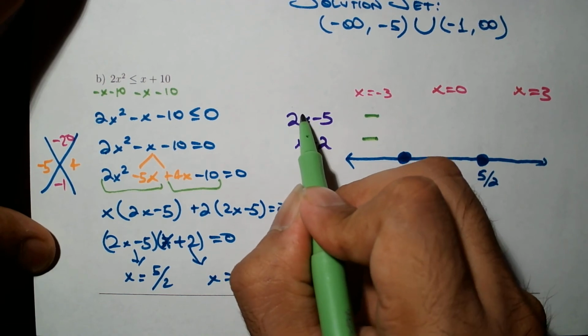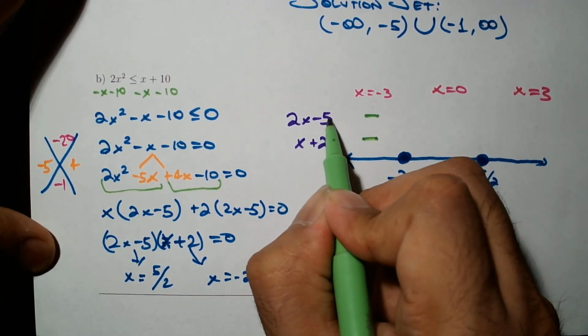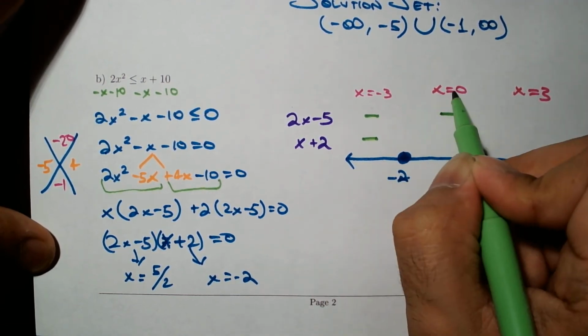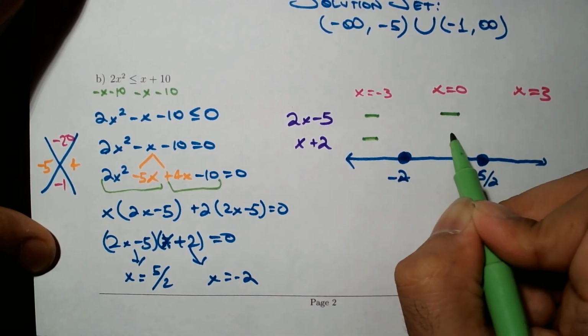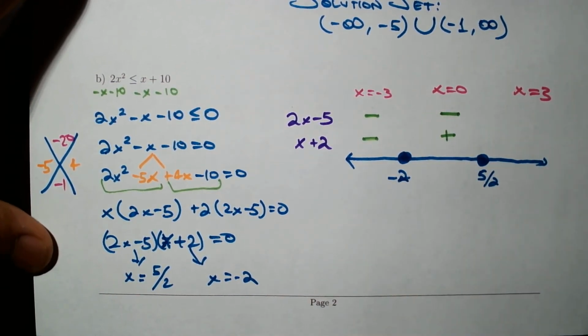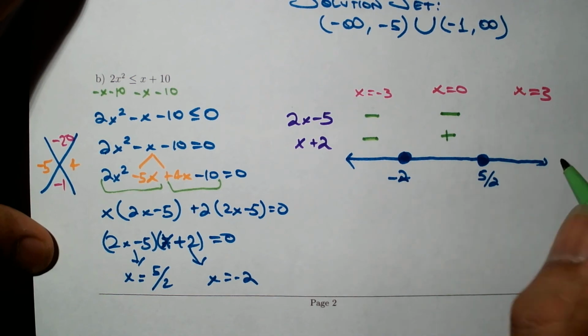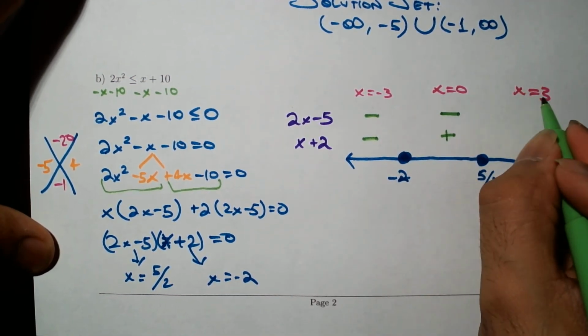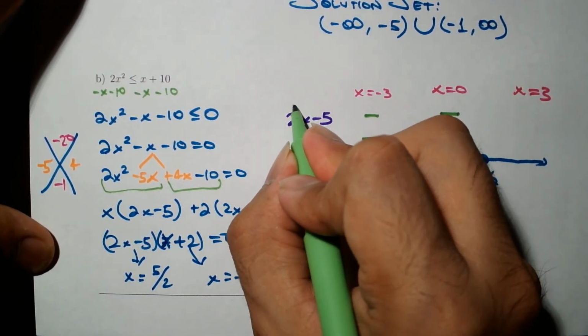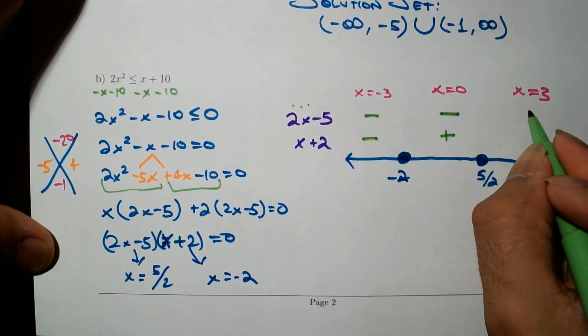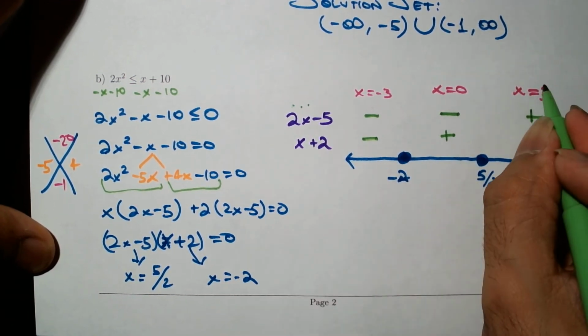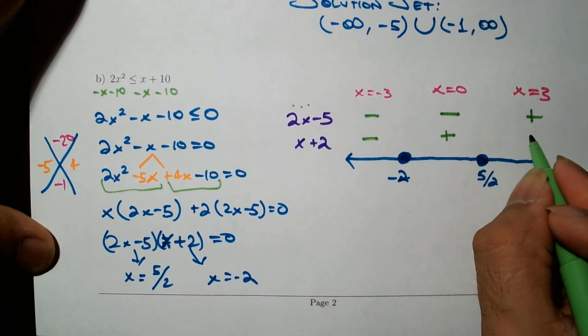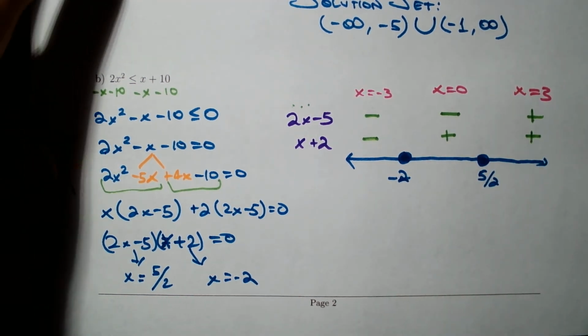Plug in 2 times 0. That's a 0 minus 5. That's a negative 5. And 0 plus 2 is positive 2. Finally, with the number x equals 3, plug in 2 times 3, which is 6 minus 5. That's positive 1. And over here, 3 plus 2, that's a 5, positive 5.